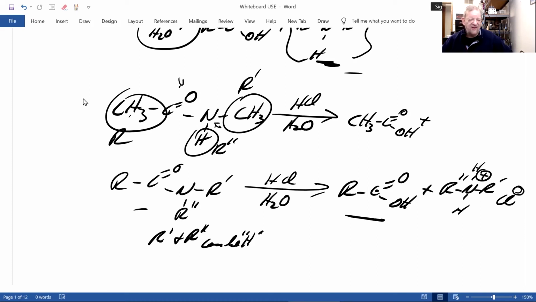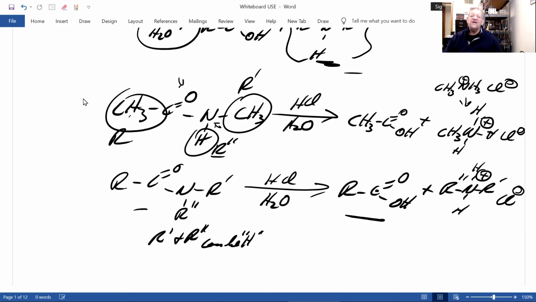So you get that carboxylic acid, and notice R prime is methyl, and R double prime is hydrogen, and I add two more hydrogens here, plus charge, and the anion is chloride. And you could have written this as this. And that's acid hydrolysis of an amide.